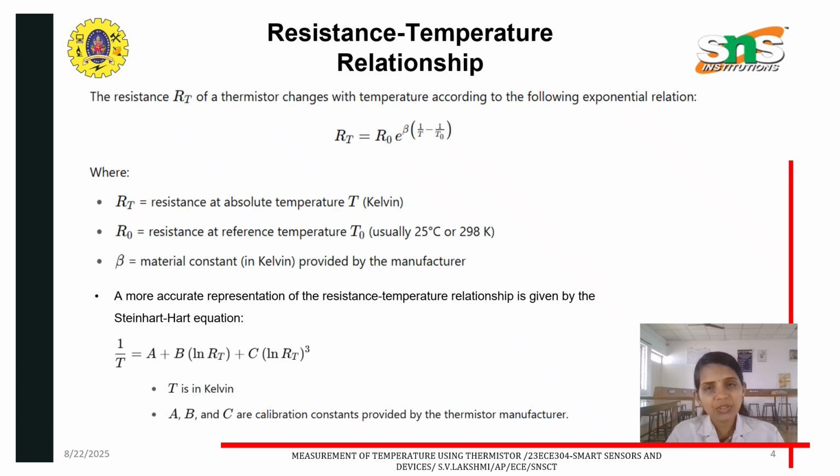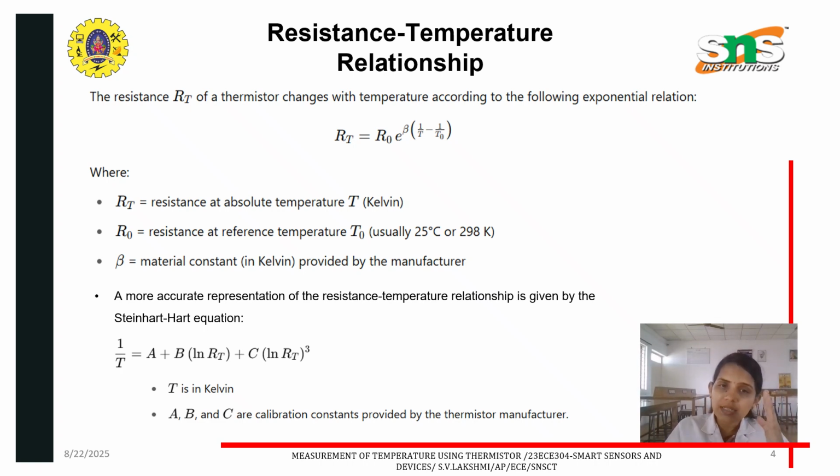So there is a relationship between the resistance and the temperature. Normally that is given by an exponential relation, that is RT equals R naught e power beta (1 by T minus 1 by T naught), where RT is the resistance at the absolute temperature T measured in Kelvin.